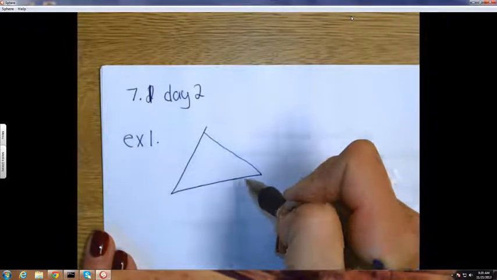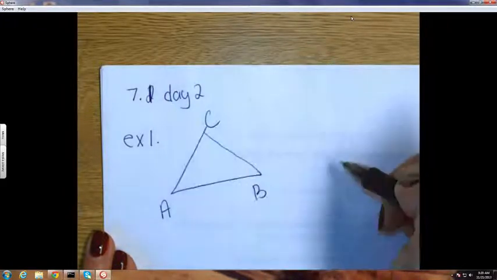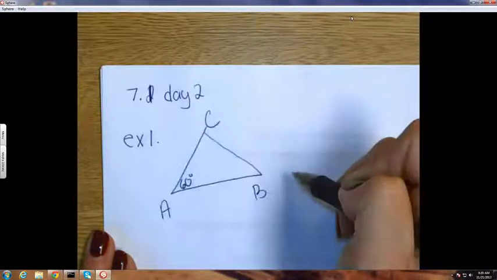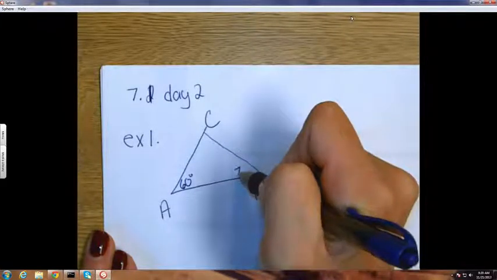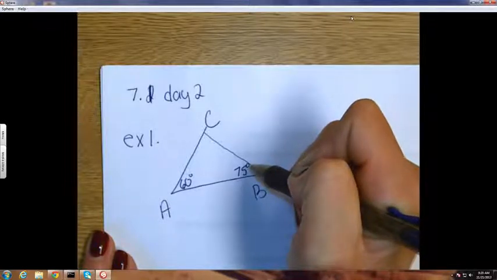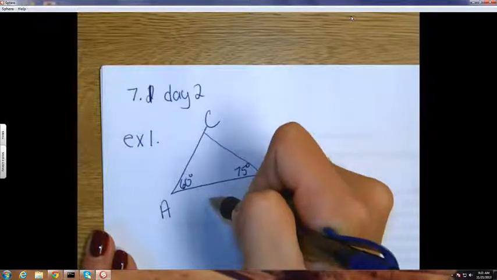We've got triangle ABC. A is a 60-degree angle. B is going to be a 75-degree angle. Little c is going to be square root of 2.